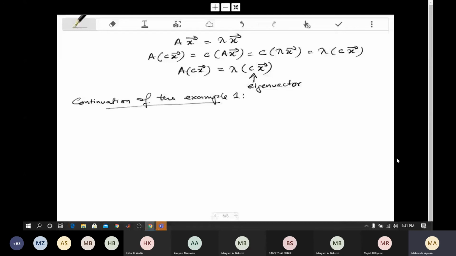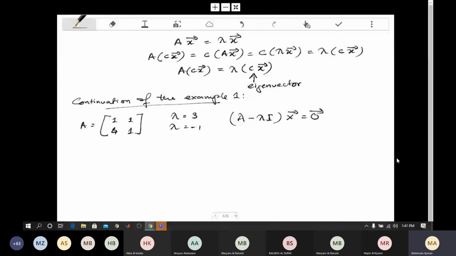From here on we are continuing, finding the eigenvector now. So the matrix A is [1 4; 1 1], and we know our lambda values are 3 and -1. To find the eigenvector, we have to follow the characteristic equation, which is (A minus lambda I) times vector x is equal to the 0 vector.